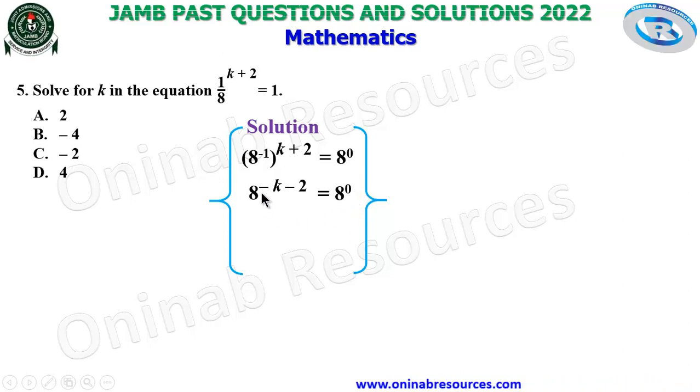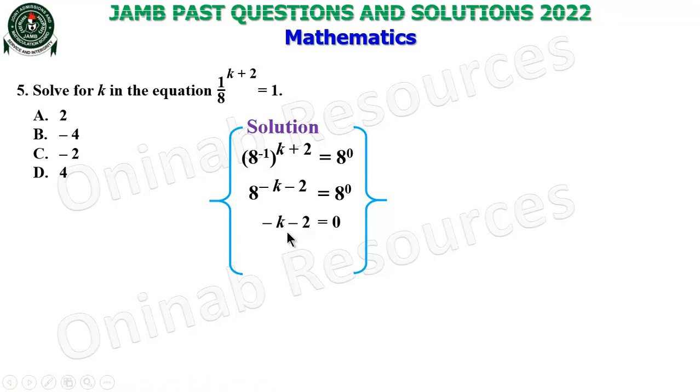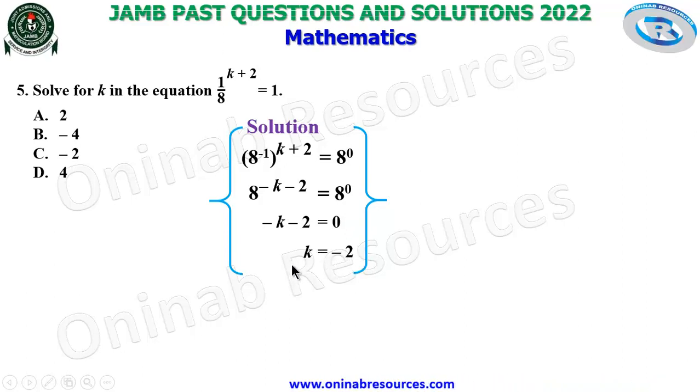Since the bases are equal, this is 8, 8, so the indices are equal. We then have negative k minus 2 is equal to 0. If you solve this, take this to the other side, divide both sides by negative 1, we have k to be negative 2, and that gives option C. That's all for problem 5.